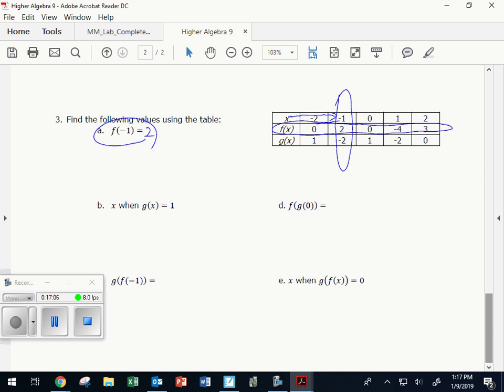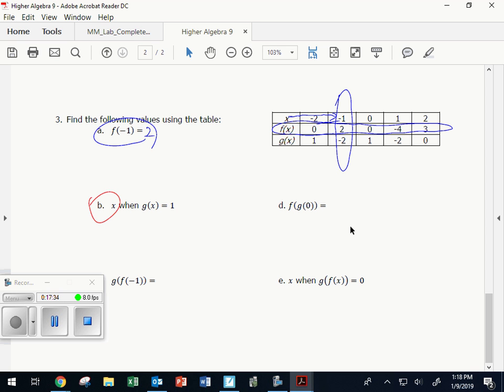On letter B, can you tell me what they told us? Okay, and if g of x is equal to 1, who cares? What do I do with that? Exactly. I'm trying to find the x. So where do you think I should go in my chart to do that?